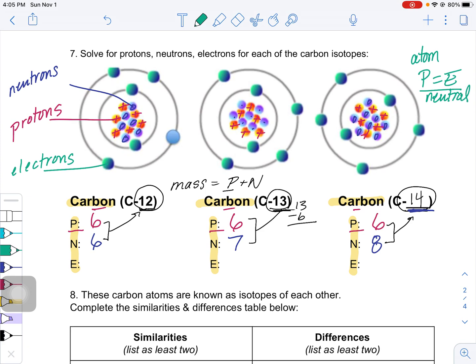So I can consider that they'll be equal, but because I'm looking at the diagram, I can also count to verify. 1, 2, 3, 4, 5, 6. Same thing here, 3, 4, 5, 6, and again, 3, 4, 5, 6 here.